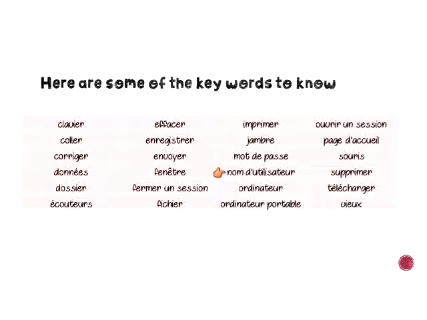Mot de passe, password. Nom d'utilisateur, username. Ordinateur, computer. Ordinateur portable, a laptop. Ouvrir en session, to log in. Page d'accueil is your home page, the page that opens when you log into the internet.